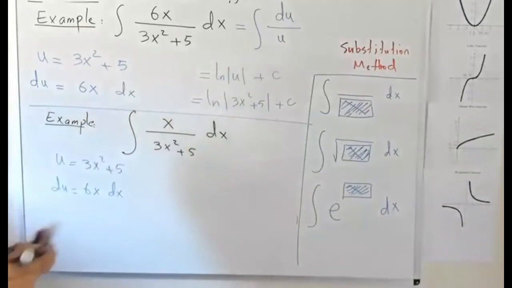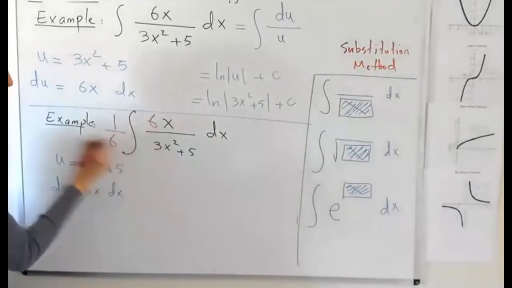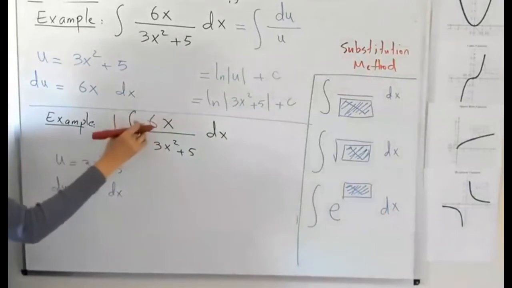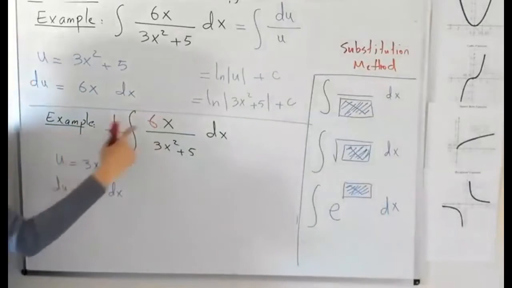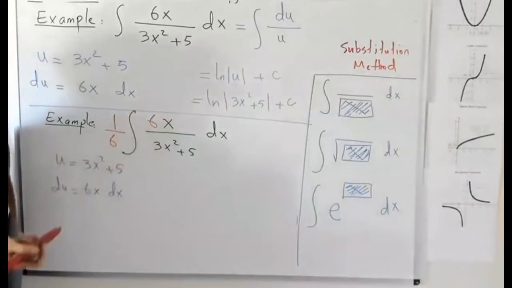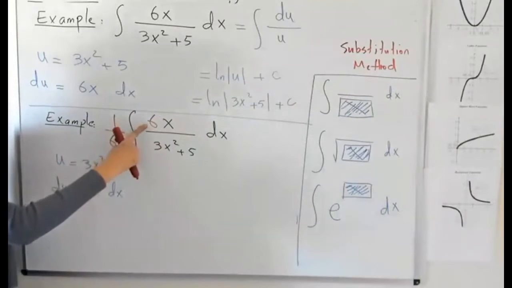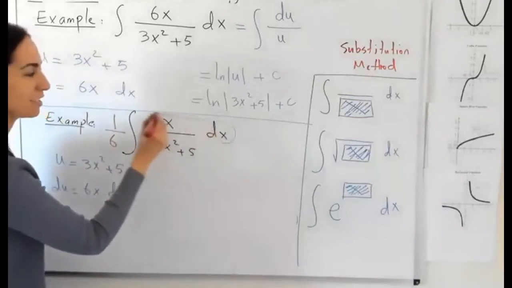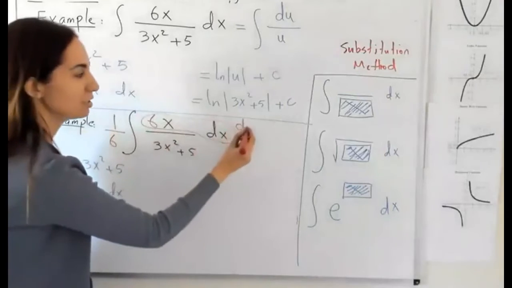What I'm going to do is multiply and divide by 6. Since it's just a number, I'm allowed to multiply and at the same time, don't forget to divide by a constant, a coefficient. I'm not worried about this. It's not a variable. It's just a number. Now, I can take the whole thing on my numerator, and this is my du.